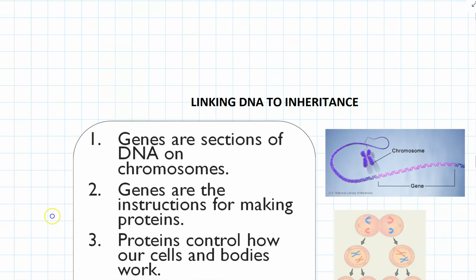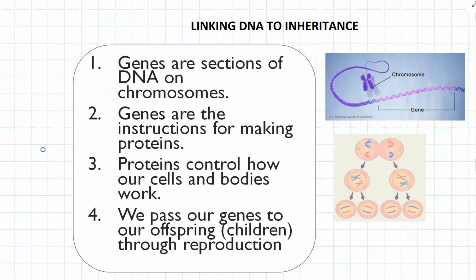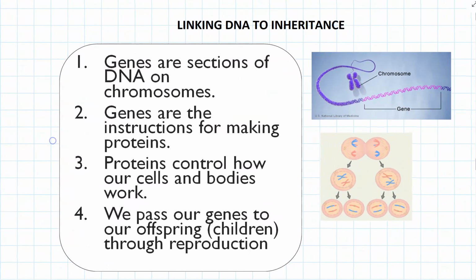All right. This is thinking back to some big ideas for how does DNA link to inheritance? How do the two genetics topics link to each other? So thinking right back, okay, genes, they're just sections of a chromosome, and they're the instructions for making a protein. And proteins, they're the worker molecules. They control and they do everything in our cells and our body.